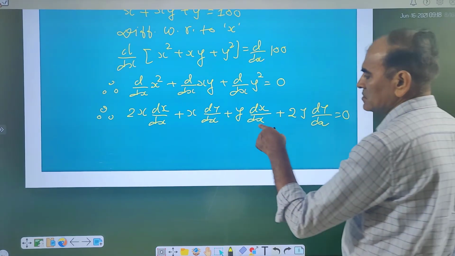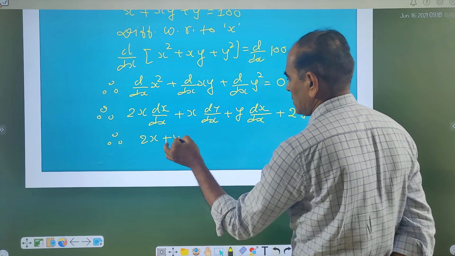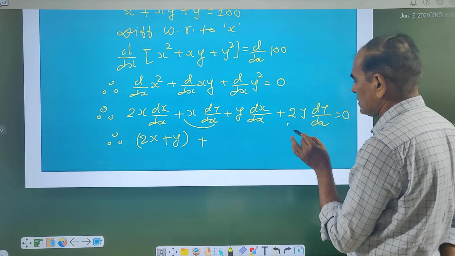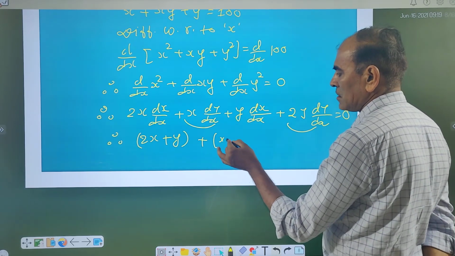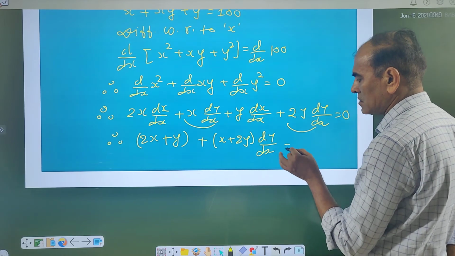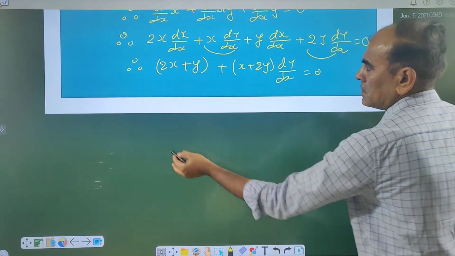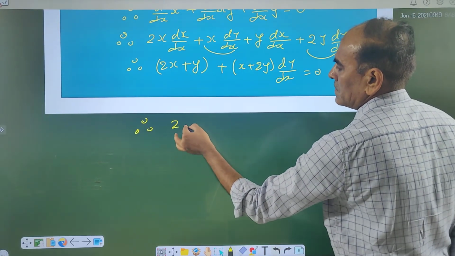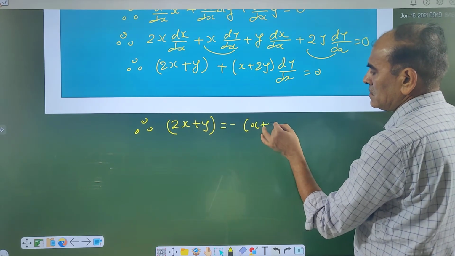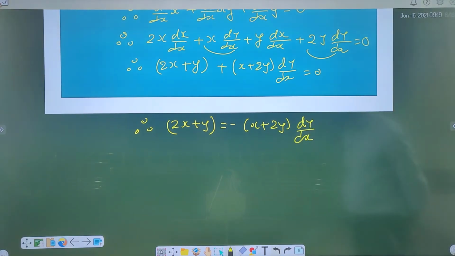Yes. The derivative of x is 1. So what we get? 2x plus y, in the first bracket, from here dx by dx, and here dy by dx. So take dy by dx common: 2x plus y plus (x plus 2y) dy by dx is equal to 0. Therefore 2x plus y is equal to minus (x plus 2y) dy by dx.